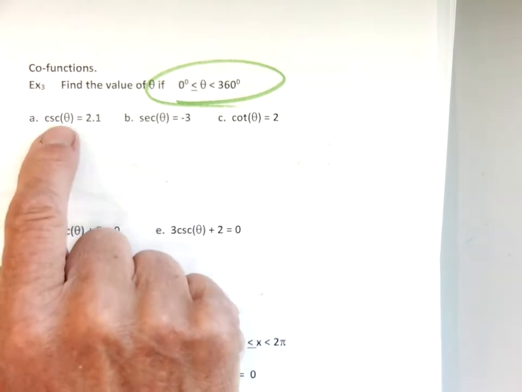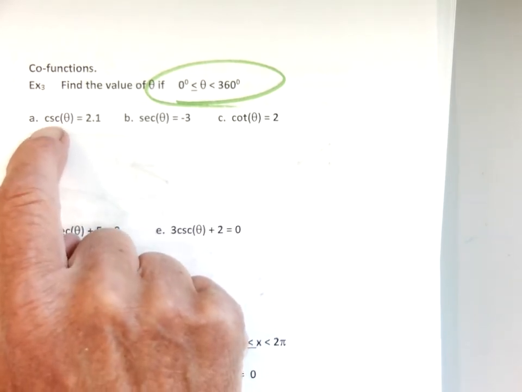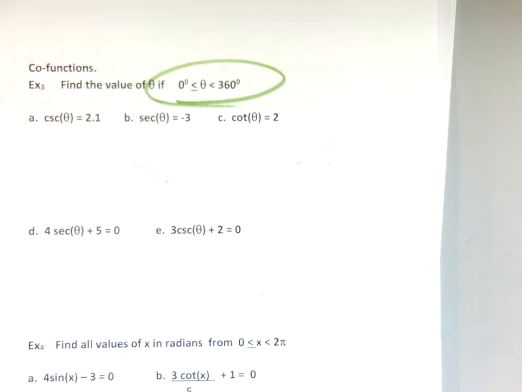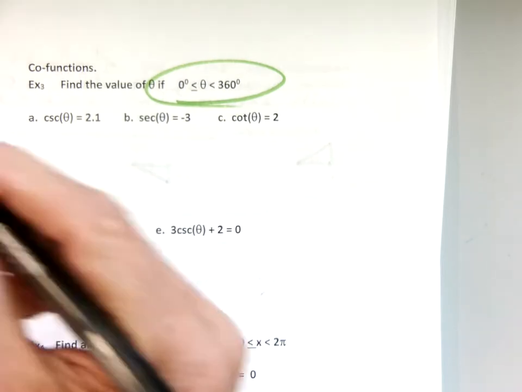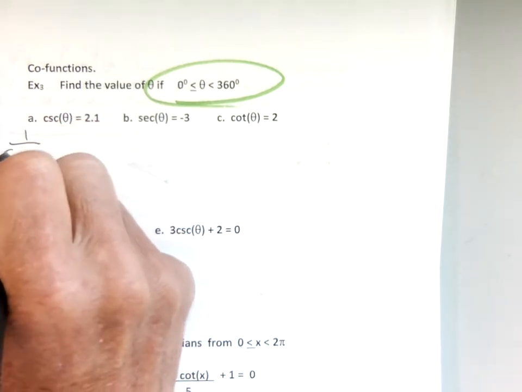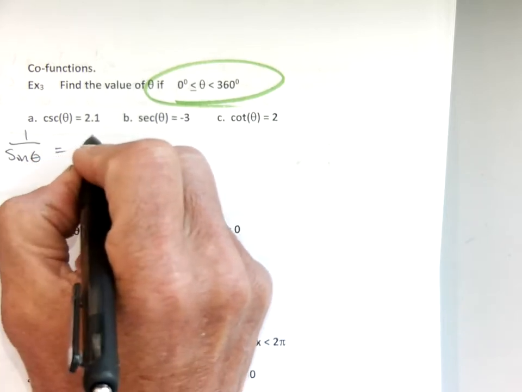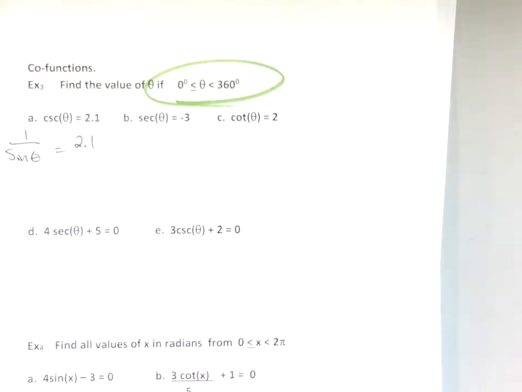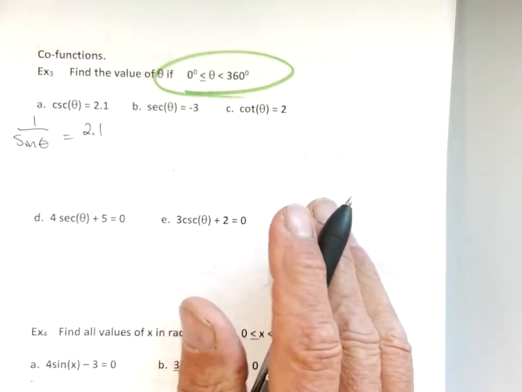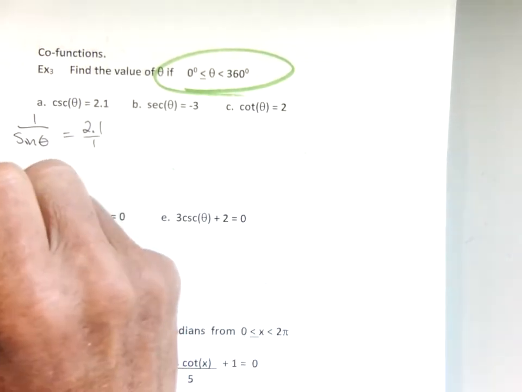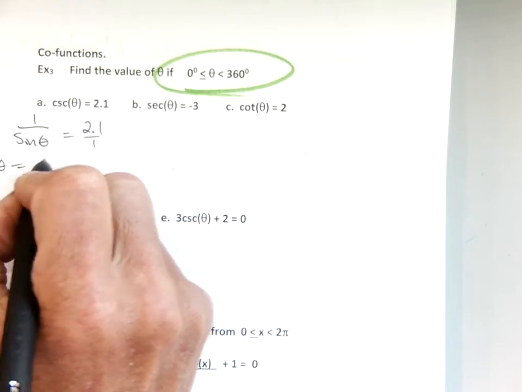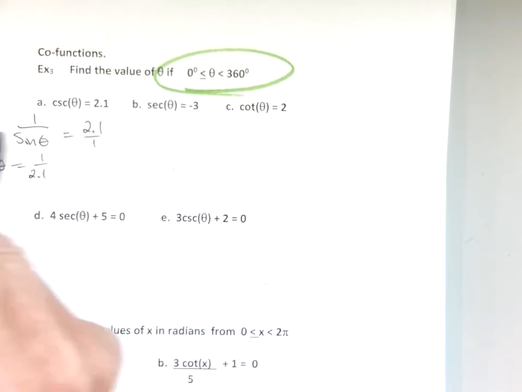Now, cosecant is not in my calculator, but sine is. So this is 1 over sine of theta equals 2.1, right? Cosecant is not in my calculator, sine is. And then I flip it, right? So I've got sine theta is equal to 1 over 2.1.